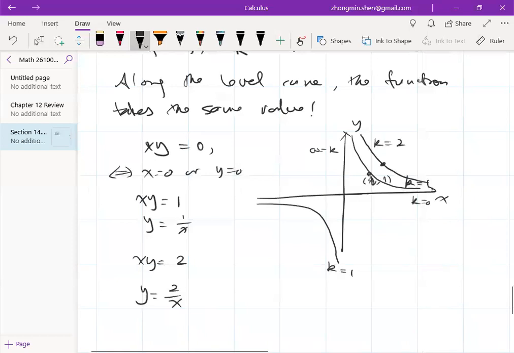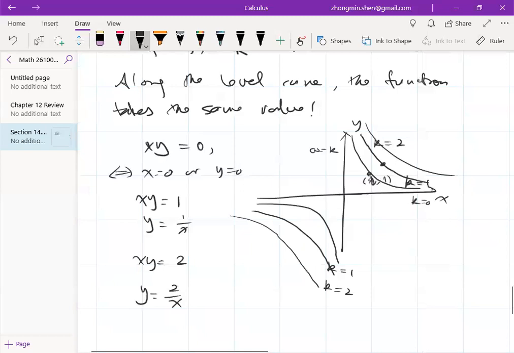So when k equals 2, you have a bunch of curves like that. They all still approach the x-axis, but in the middle, they get away from the origin.